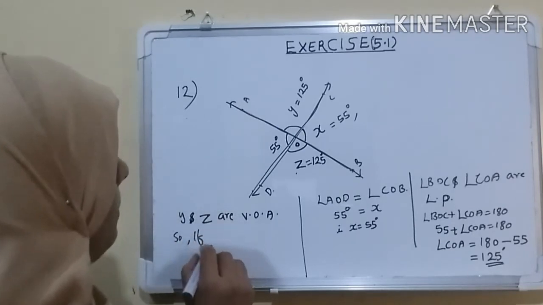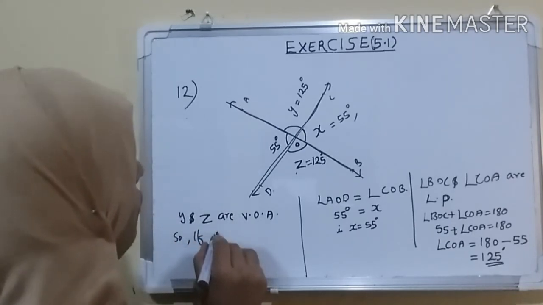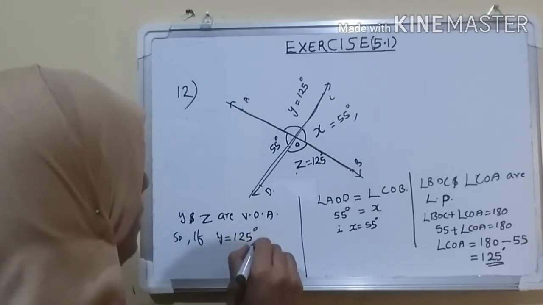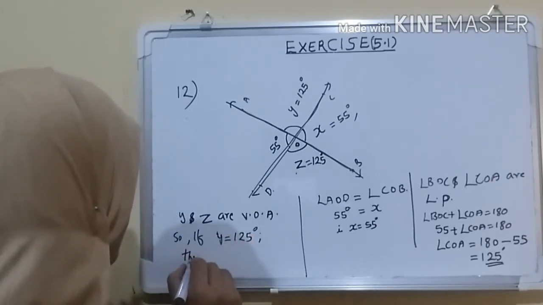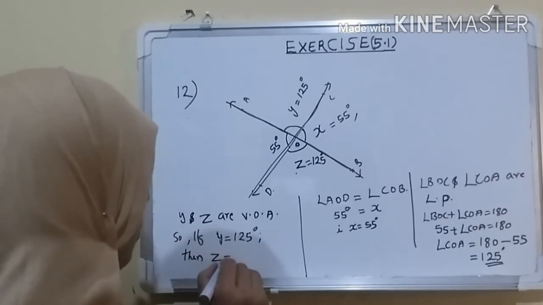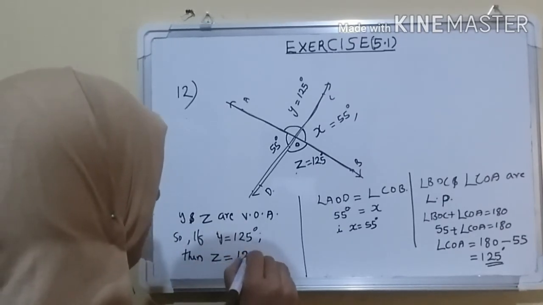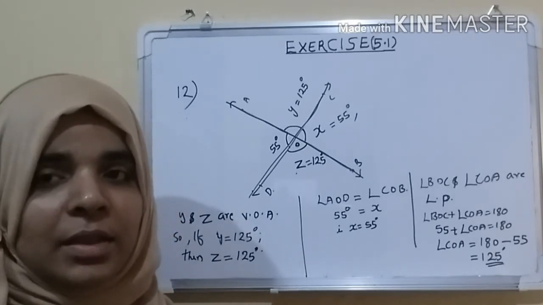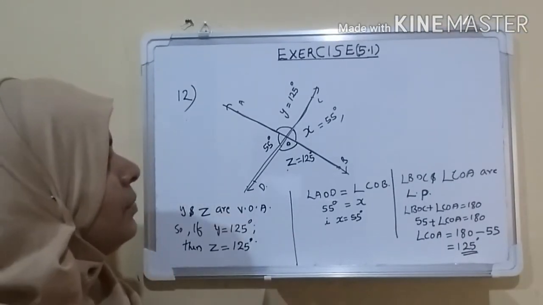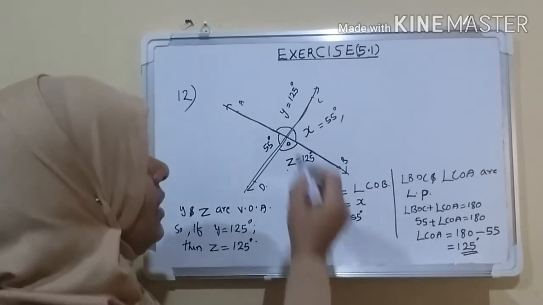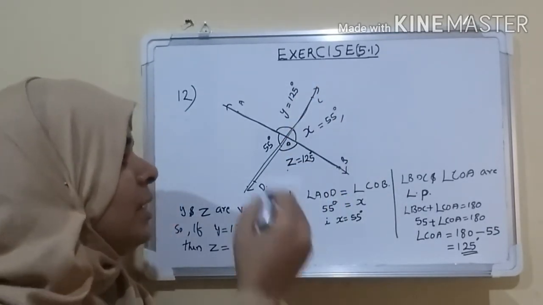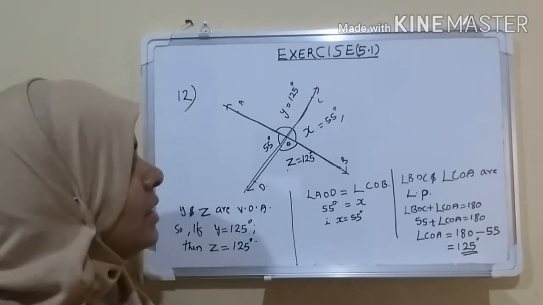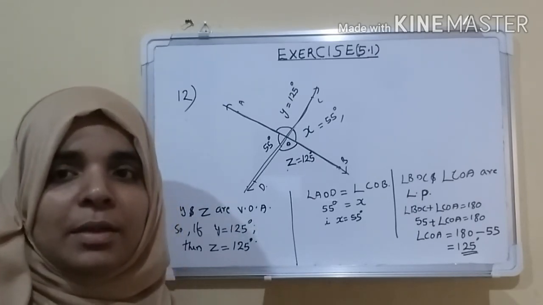If Y equals 125 degrees, then Z also equals 125 degrees, because vertically opposite angles are equal. So here X equals 55 degrees, Y equals 125 degrees, Z also equals 125 degrees. This is the required solution of question number 12.